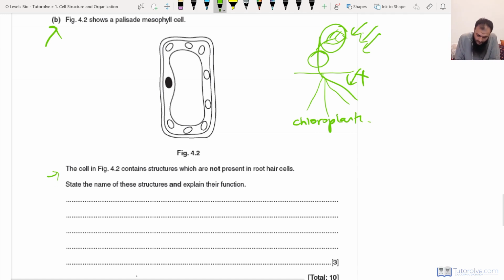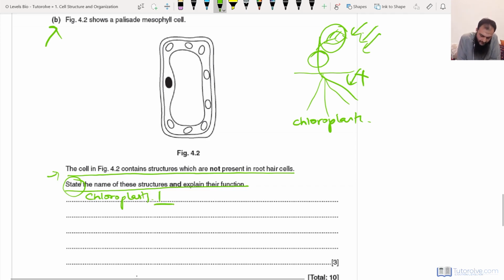So state the name of these structures and explain their function. Let me read the question again. The cell in figure 4.2 contains structures which are not present in root hair cells. State the name of these structures and explain their function. So by stating the name chloroplasts, you get 1 mark.